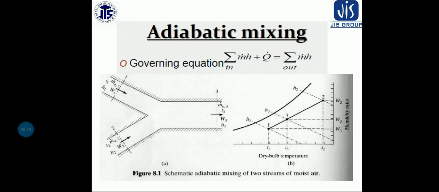In the given figure you can see the enthalpy. When the point is moving from point 1 to point 2 and then to point 3, the dry bulb temperature increases, and the specific humidity is also in increasing order.